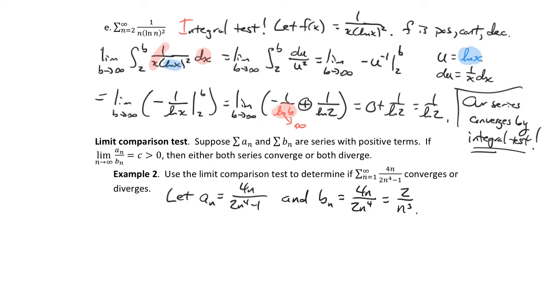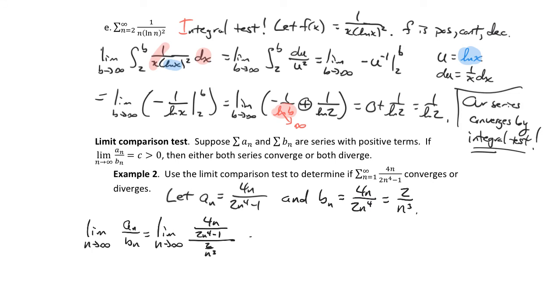I'm going to look at the limit as n goes to infinity of the ratio of these two things. So the limit as n goes to infinity of a sub n over b sub n is the limit as n goes to infinity of a sub n, which is not very pretty, 4n over 2n to the fourth minus 1, divided by b sub n, which is 2 over n cubed.